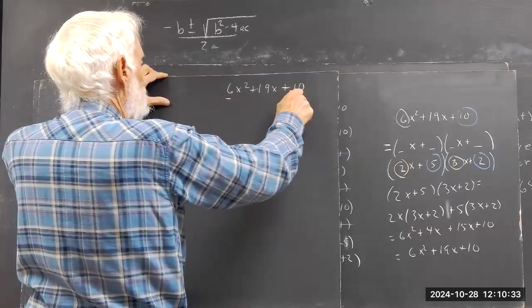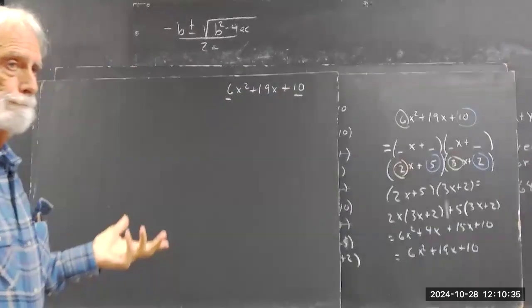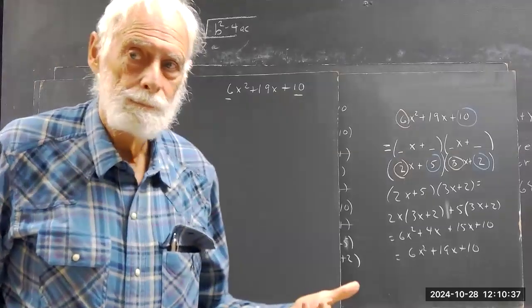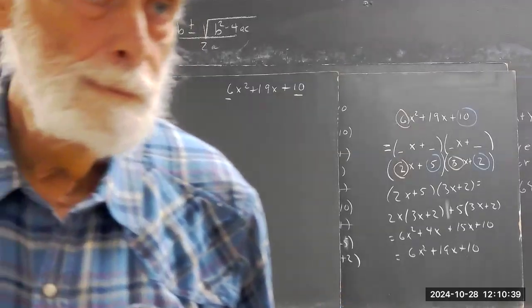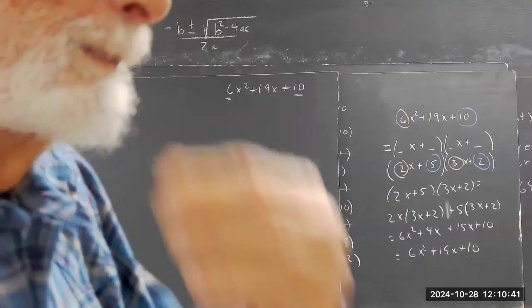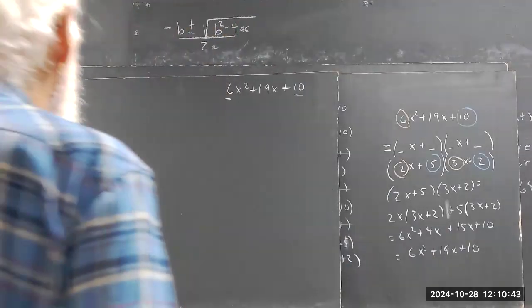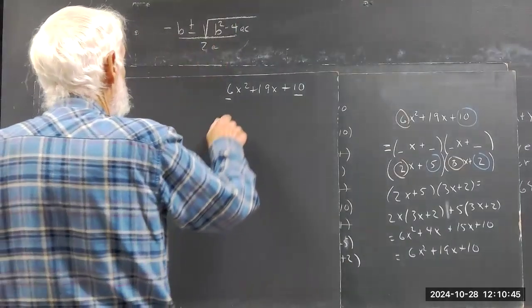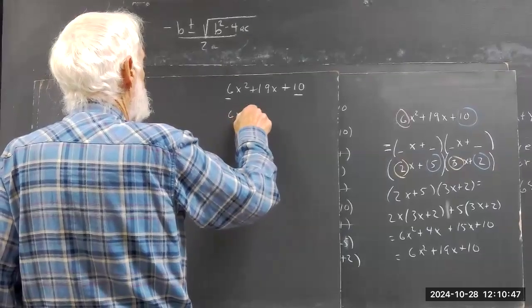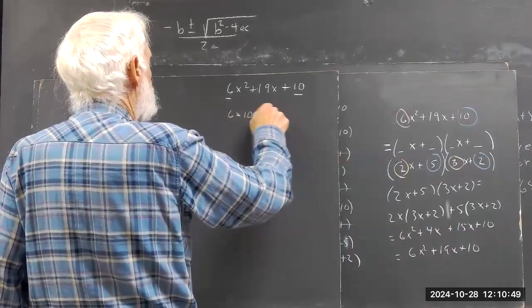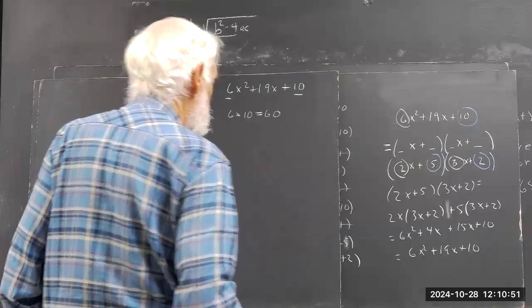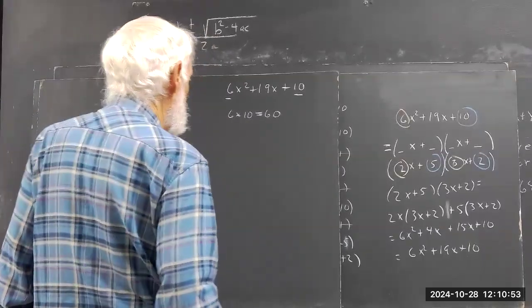Now multiply these two numbers. Okay, well, you get 6 times 10 equals 60. Okay.